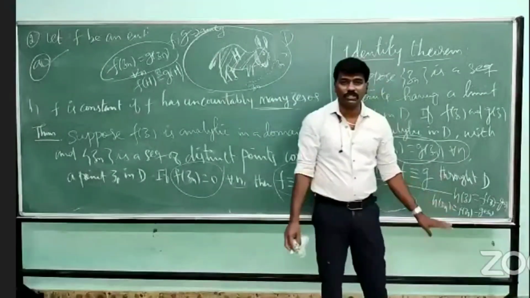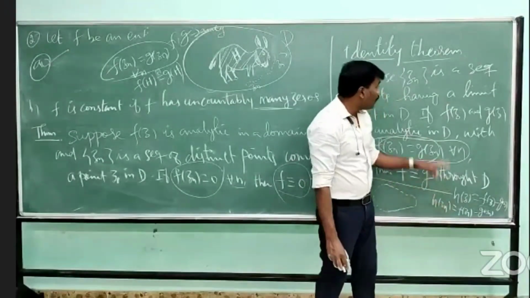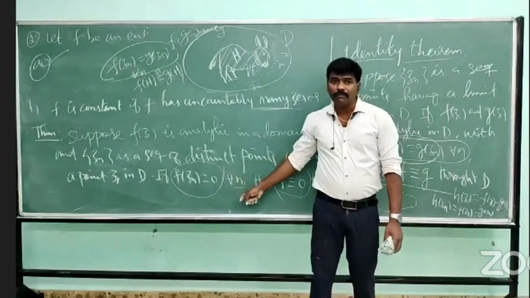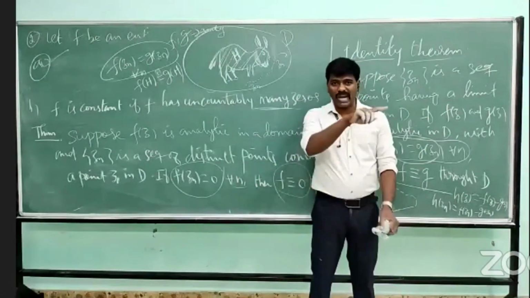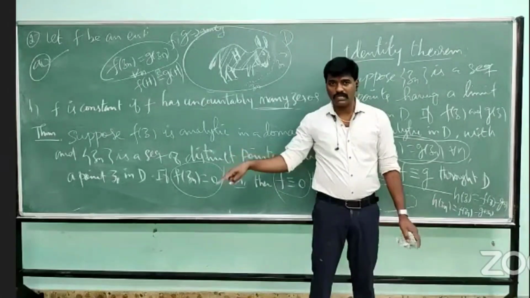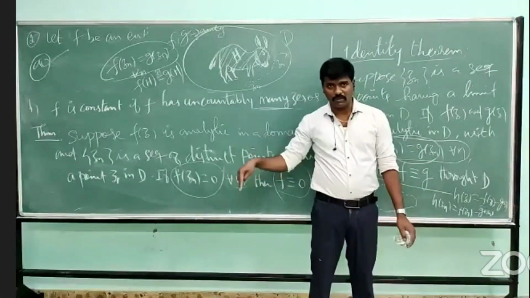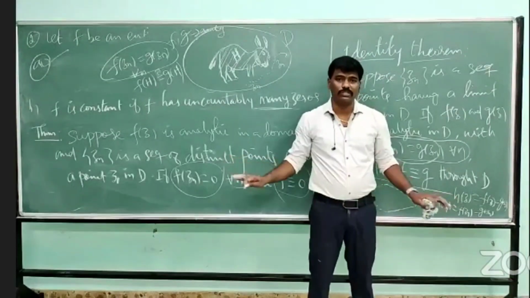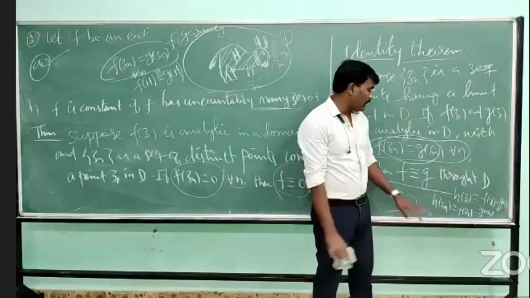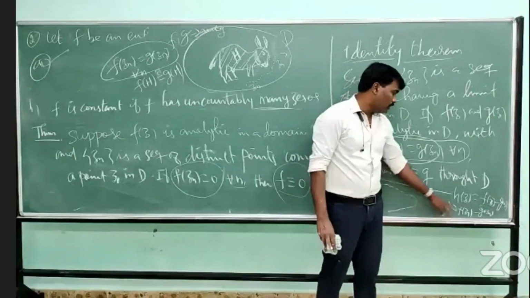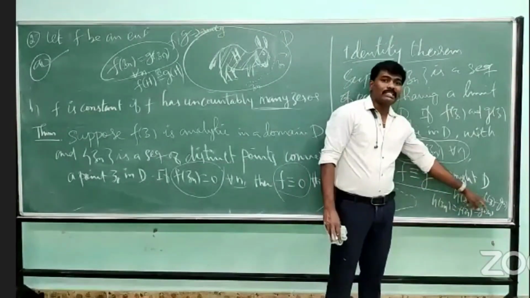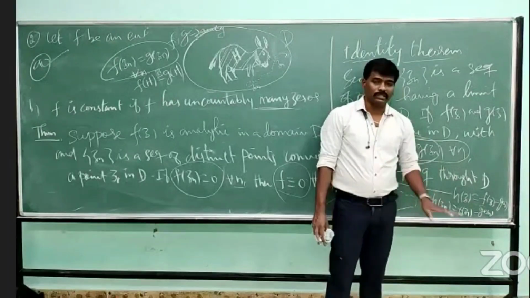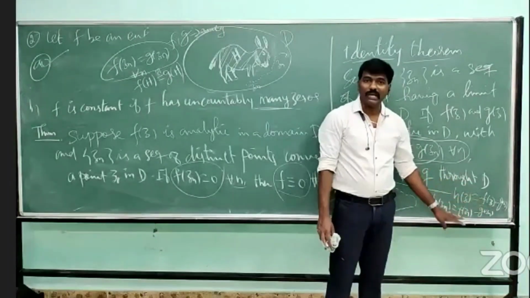H of Zn equals 0 for all Zn, and Zn has a limit point in D. According to the uniqueness theorem, H vanishes on a sequence of points converging in the domain D, so H is identically 0 throughout D. Once H is identically 0, F of z minus G of z equals 0, which implies F of z equals G of z for all z. That is the proof of the identity theorem.